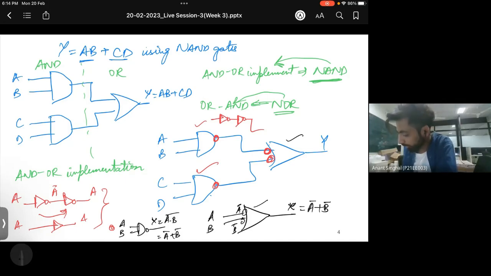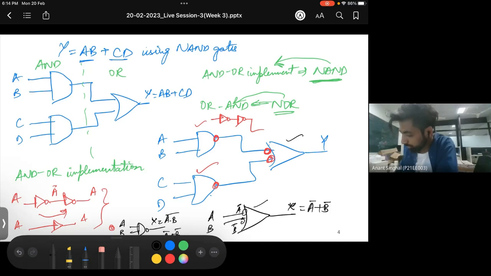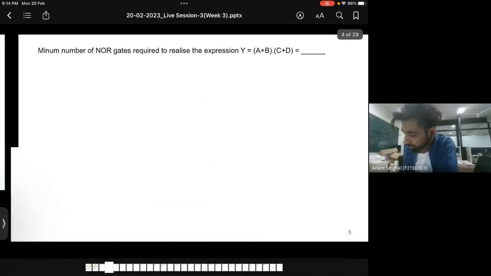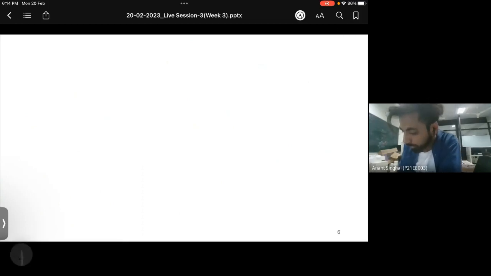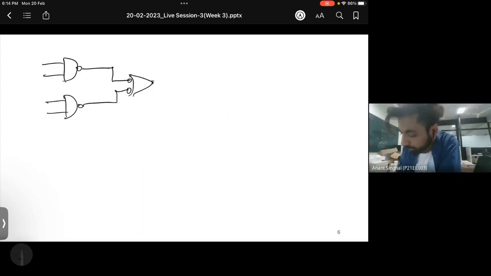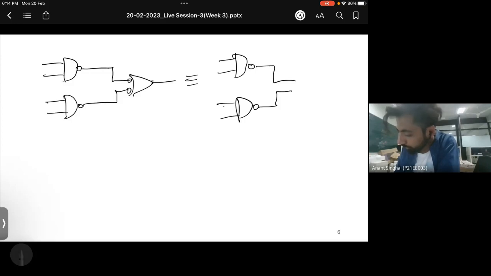So if I try to make a circuit, maybe here I can make. So if I make this, this is nothing but this only.